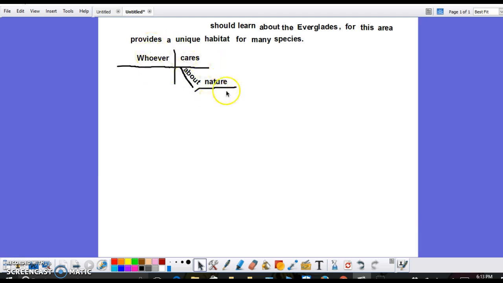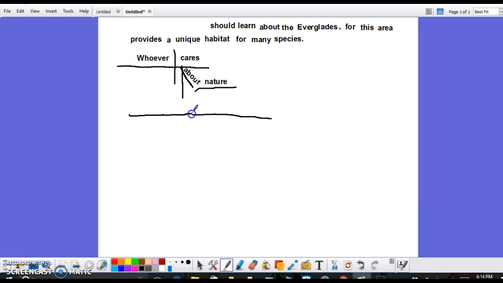All right, so this is the subject of this first part, right? Isn't that what we said? Yes. Okay, so what we're going to do is make that the subject of the first sentence that we're doing. Let me fix that.